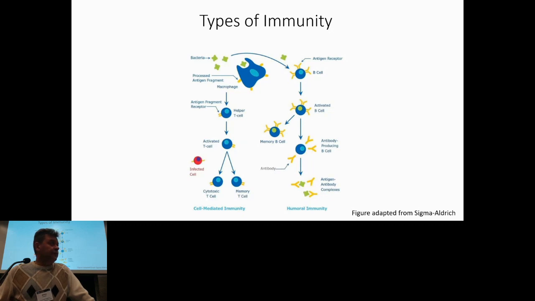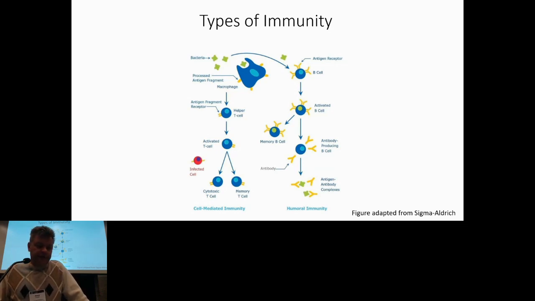Once the T cell determines that this is a fragment coming from a foreign protein, not part of a host protein, it immediately sets the alarm and becomes activated, generates tons of cytotoxic T cells that start looking for infected cells and kill them. On the other side, it keeps some of these T cells in memory, called memory cells, so in future, whenever that pathogen appears again, the immune system will quickly react.